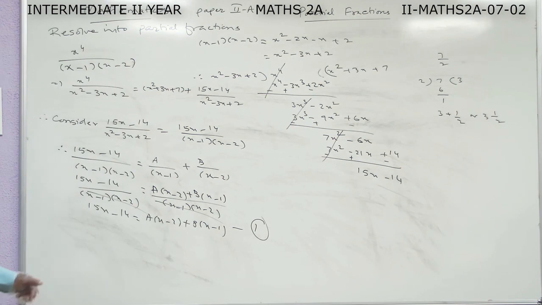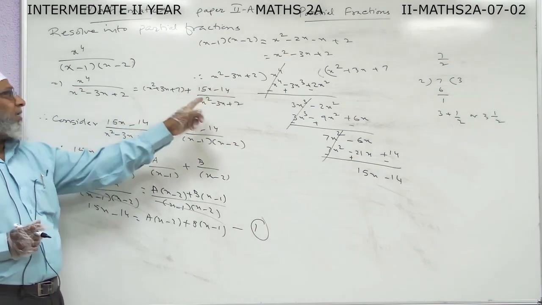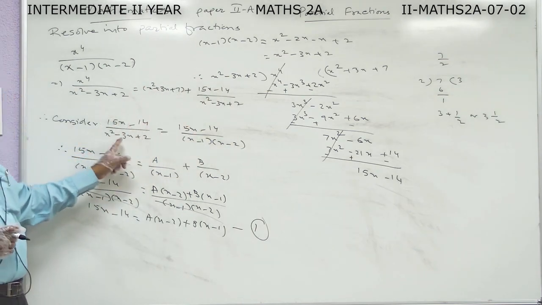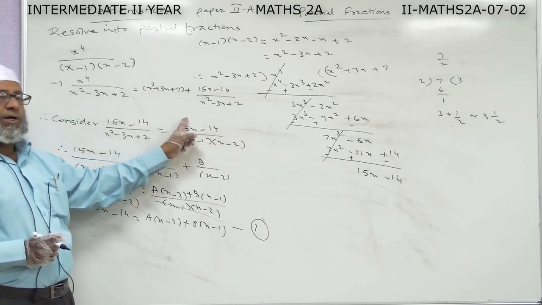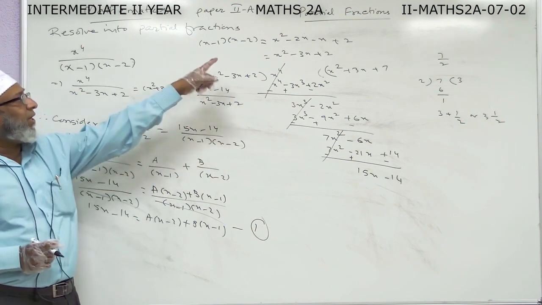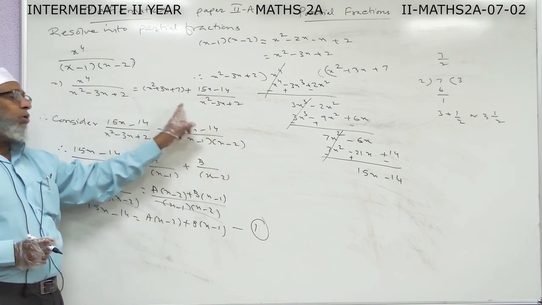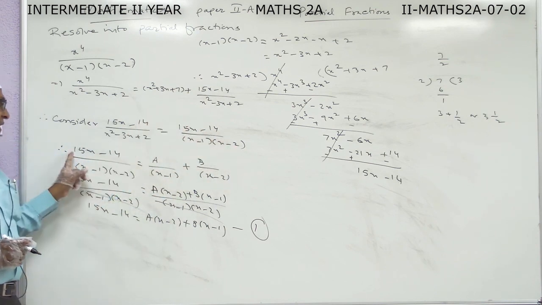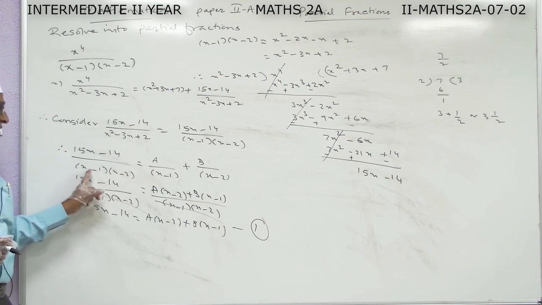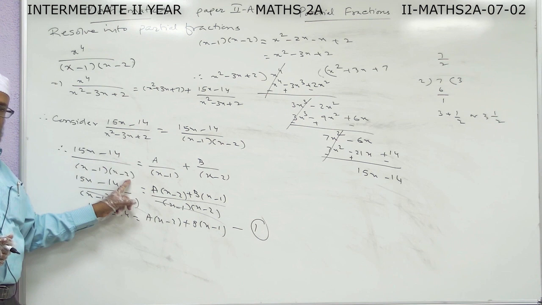Is it clear? What I have done? I have considered this fraction part, (15x minus 14) by (x square minus 3x plus 2), which is equivalent to (15x minus 14) by the factors I just calculated, (x minus 1) into (x minus 2). So I am considering this again separately. (15x minus 14) by (x minus 1) into (x minus 2) is equal to this linear part. These are also linear terms.